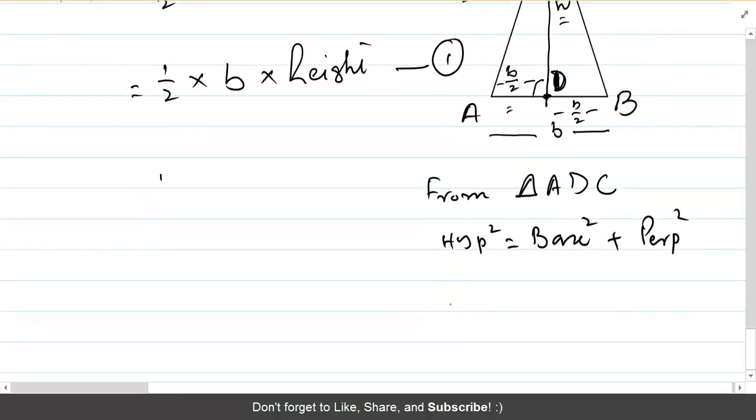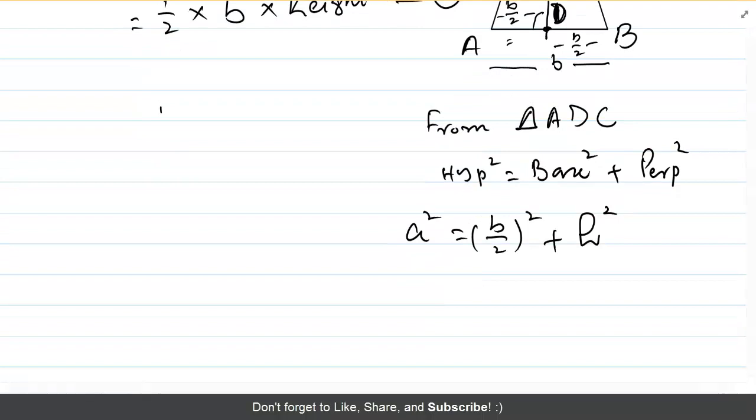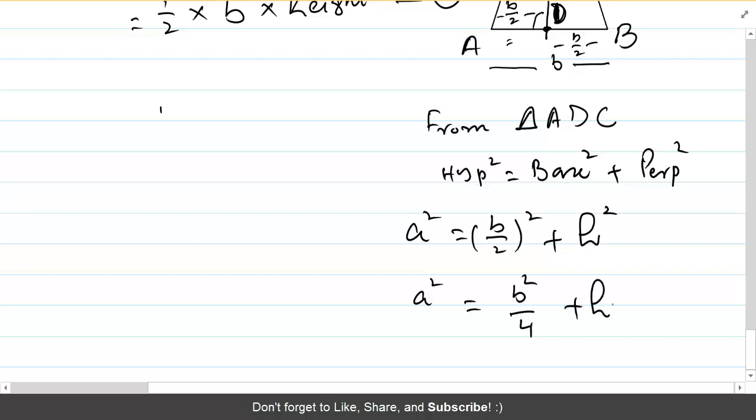So the hypotenuse is a, so a square is equal to base, which is b by 2, whole square, plus perpendicular, which is H, that is squared. And now this would be a square is equal to b square over 4 plus H square.